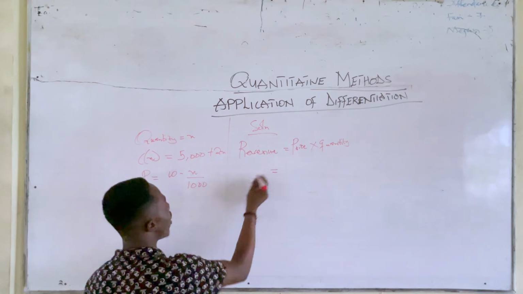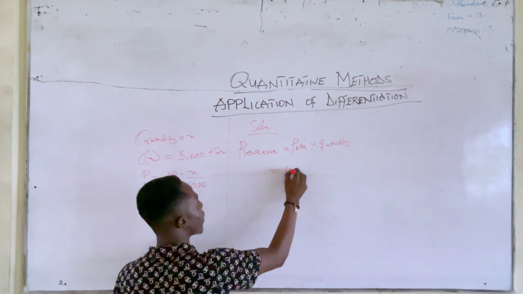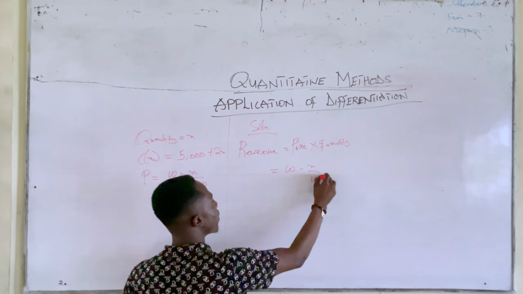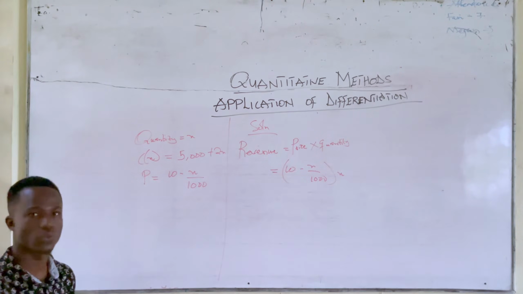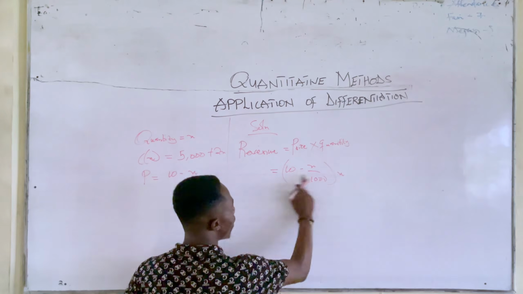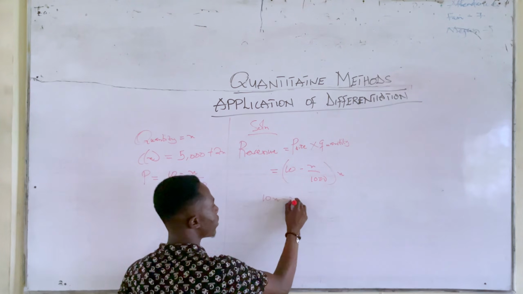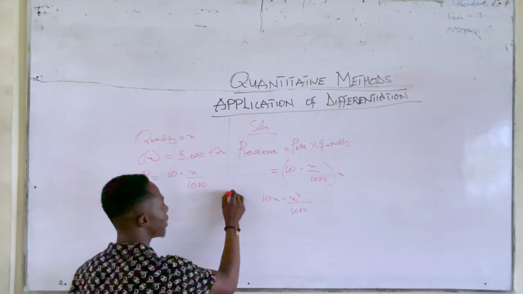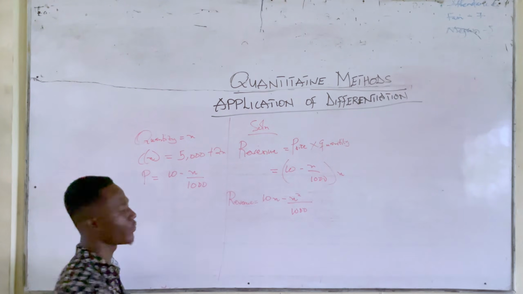Our revenue function would be the price, 10 minus x over 1,000, multiplying x. If we expand, we have 10x minus x squared over 1,000. This is now our revenue function.